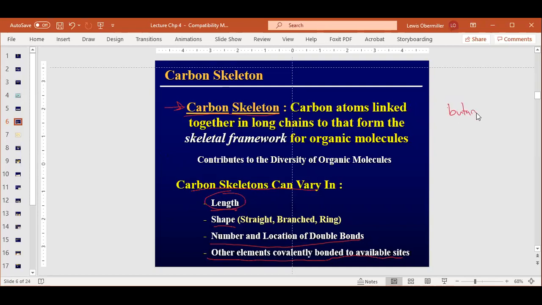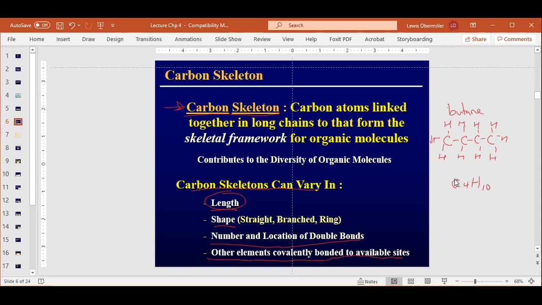butane, and so we know that that's C4, and then we fill it up with hydrogens, and I'll end this as soon as I get done with this structure. And that's H10.